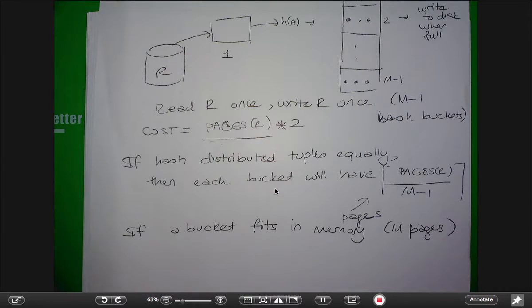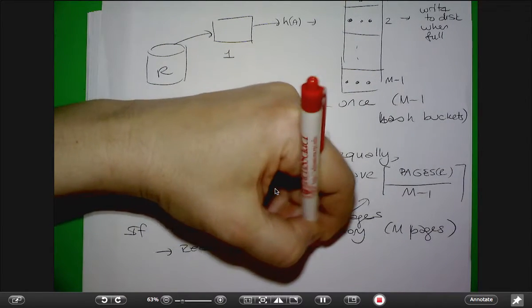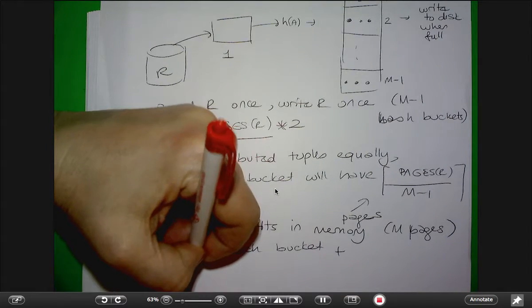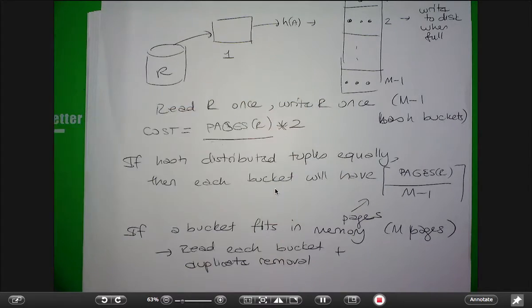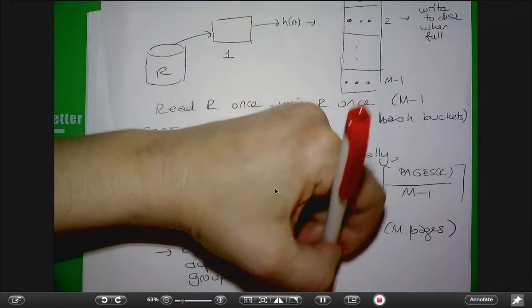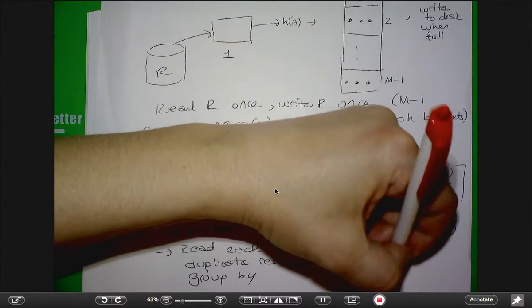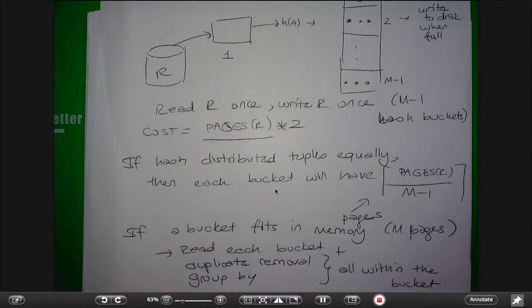So for example, I can read each bucket and do things like duplicate removal and group by, all within the same bucket. Why? Because if you're doing duplicate removal, then the tuples with the same a values will be in the same bucket. So I can just do duplicate removal inside each bucket separately.